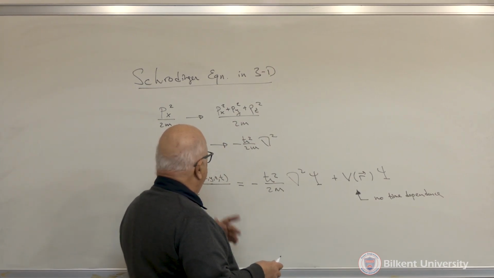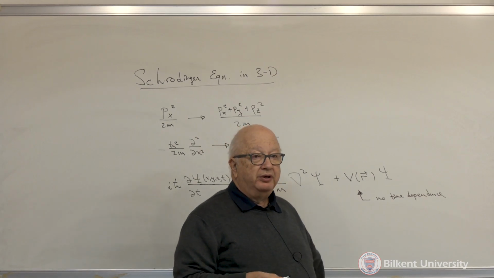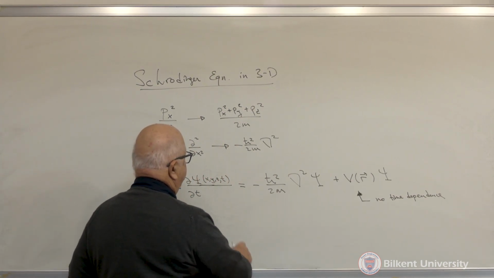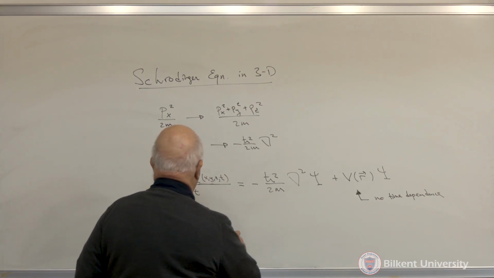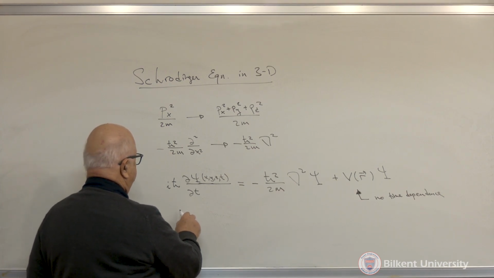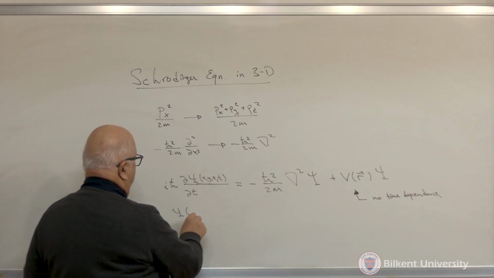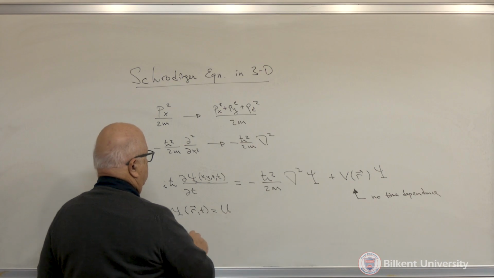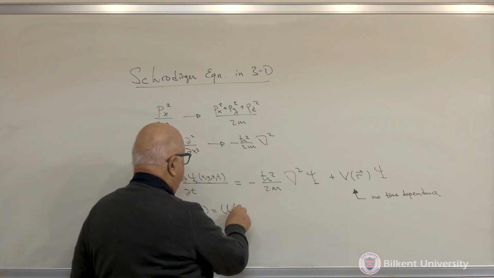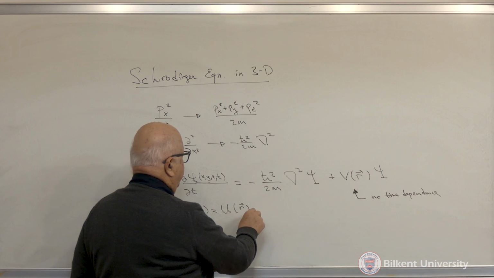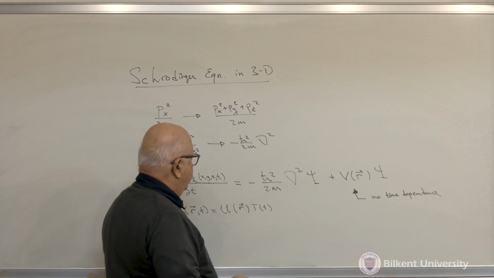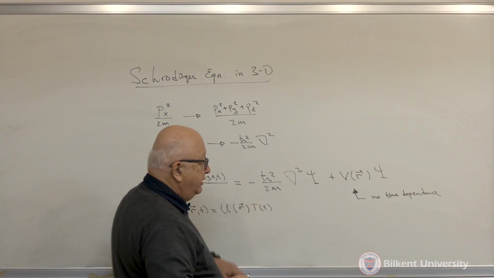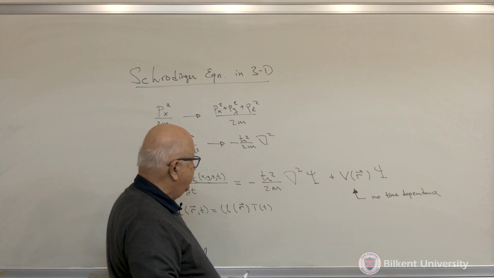Well, what do we do? We do separation of variables. The time piece we can take care of in exactly the same way. So we assume that this psi of r and t can be written as some space-dependent part u of r times T of t, where this separation, remember, resulted in an e to the minus energy times t type of behavior.